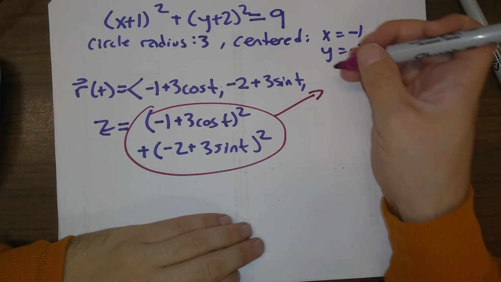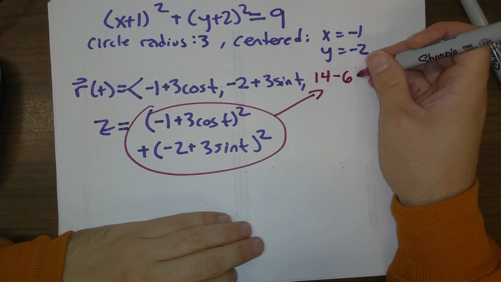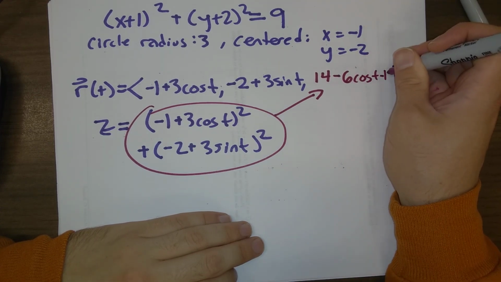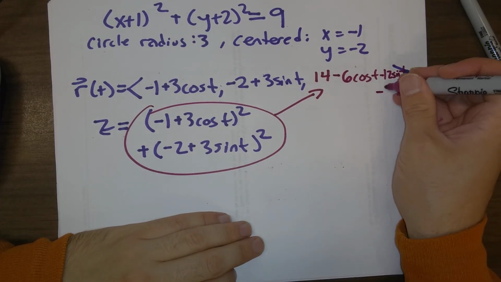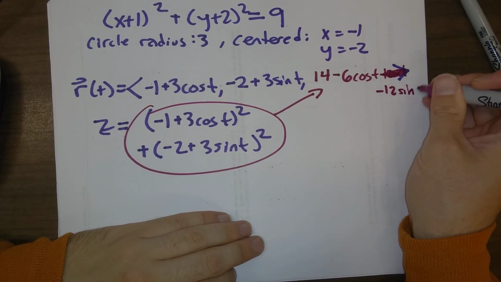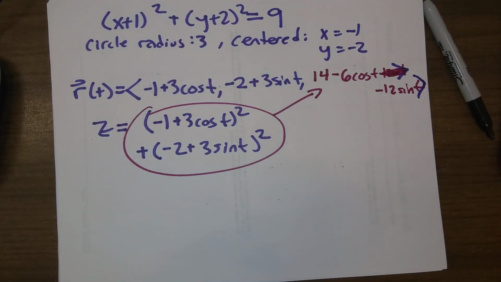According to my notes, I'm going to skip these details, but you could simplify that down to 14 minus 6 cosine t minus 12 sine t. So that finishes off how to do this problem.